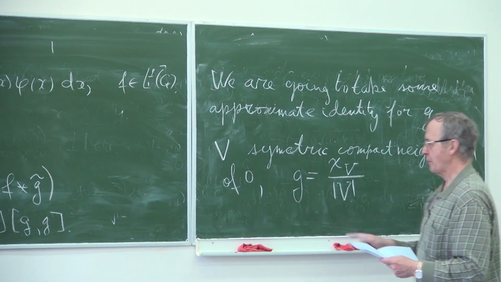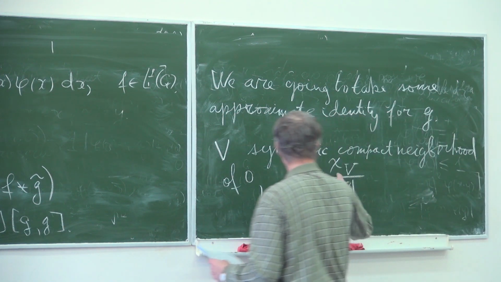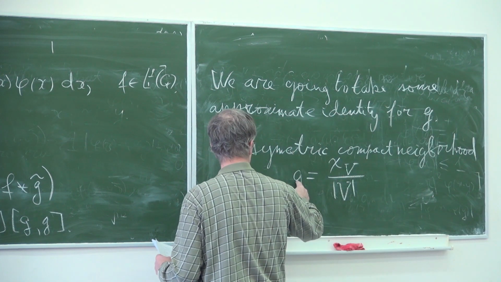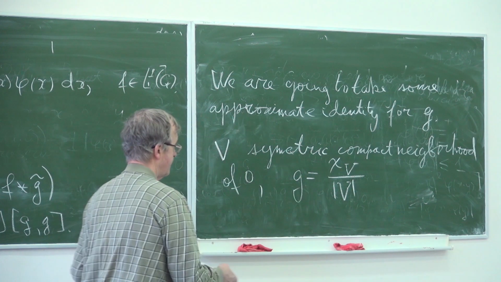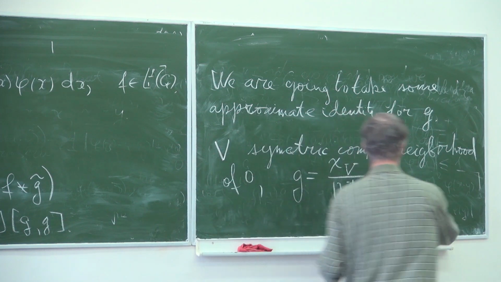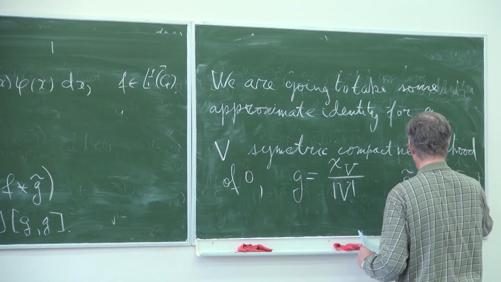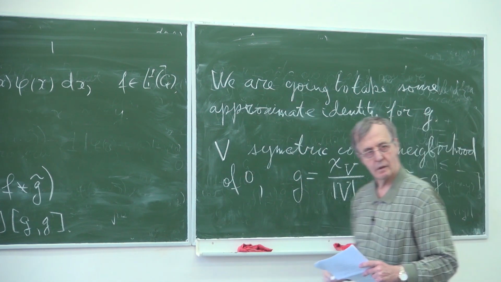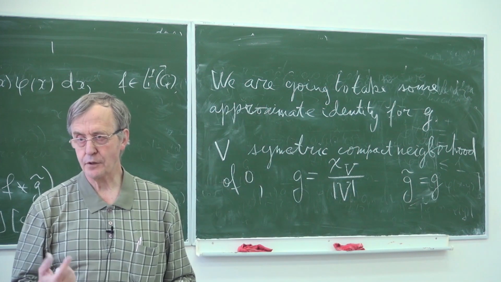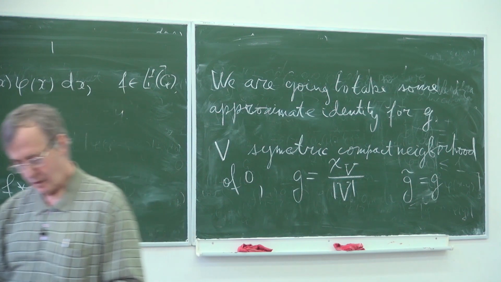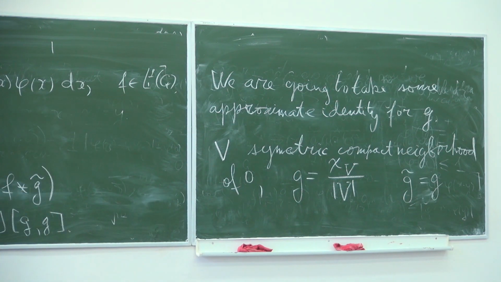What else? Since V is symmetric and g is real valued, we see that for this function, g tilde is equal to g simply. The neighborhood is symmetric, the function g is real valued, so it is invariant under this tilde, a Hermitian element.